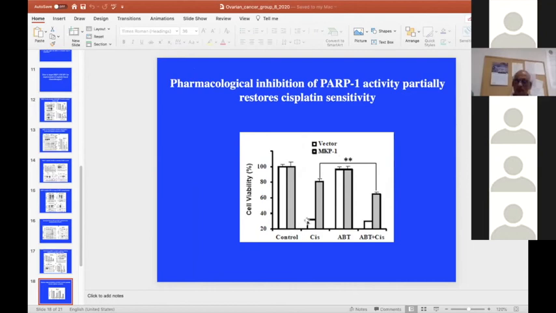We treat cells with cisplatin, and with MKP1 overexpression we see increased cisplatin resistance, but we use the PARP inhibitor, here ABT888, at a concentration that doesn't affect viability. When we combine both, we can see increased cell death.